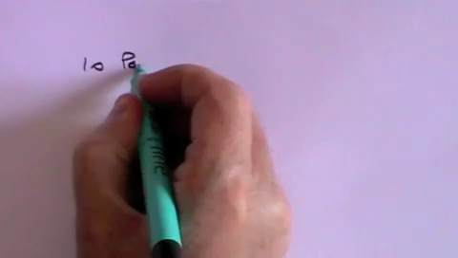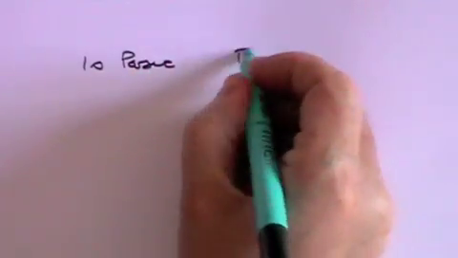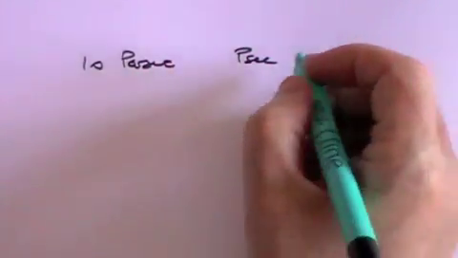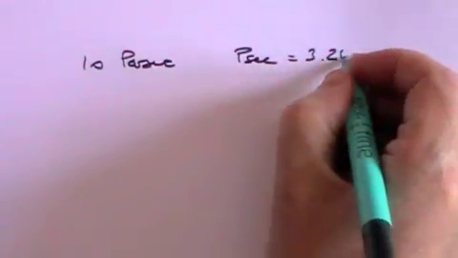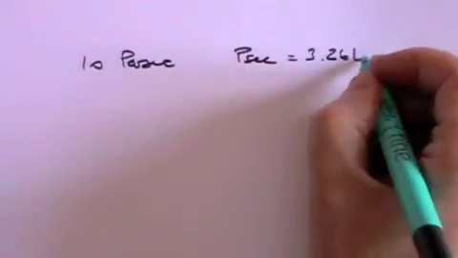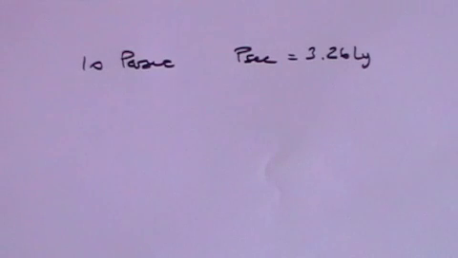Now, the absolute magnitude of a star is defined as the apparent magnitude if it were viewed from a distance of 10 parsecs. And a parsec is the equivalent of approximately 3.26 light years. And you can find out more about a parsec and why it is used in my video on parallax.